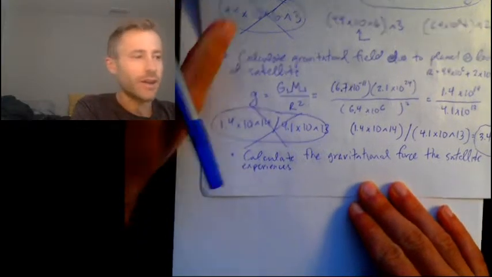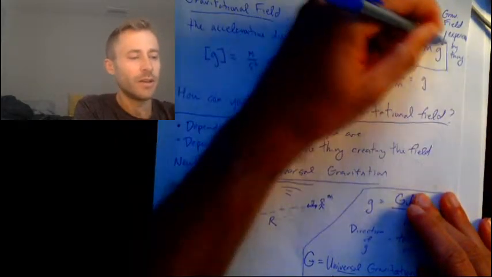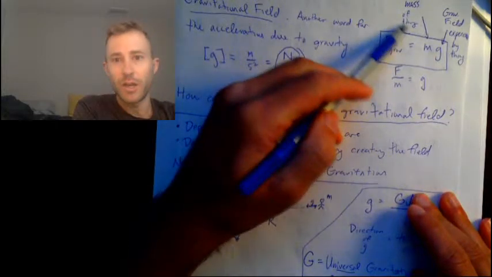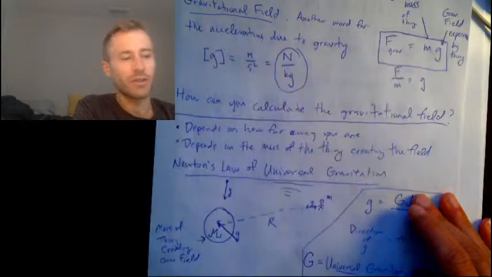Okay, and so that comes from the very first equation. It comes from this equation. The force of gravity is the mass of the thing in the gravitational field times the size of the gravitational field experienced by the thing.